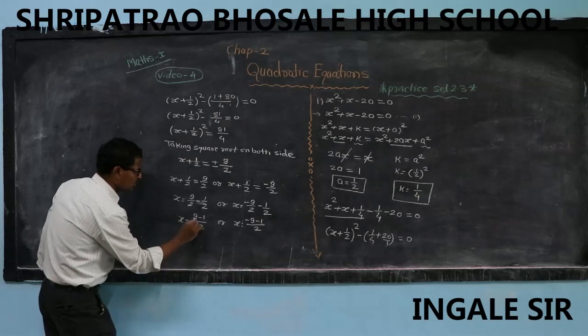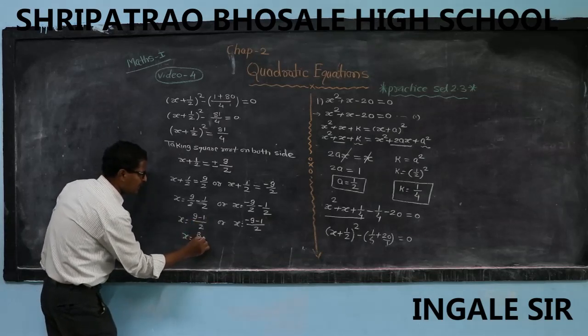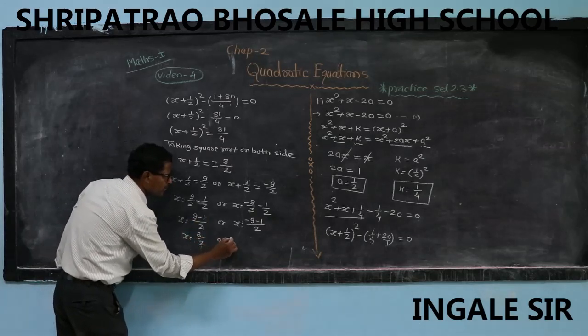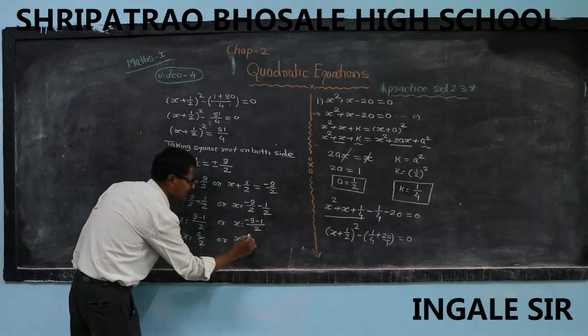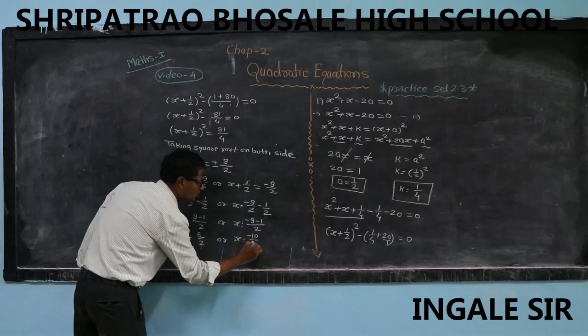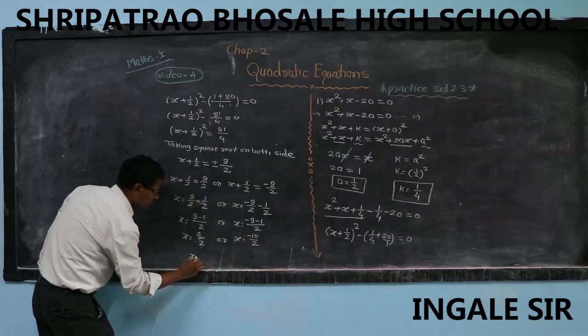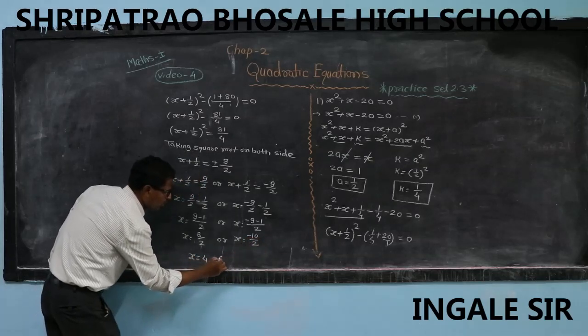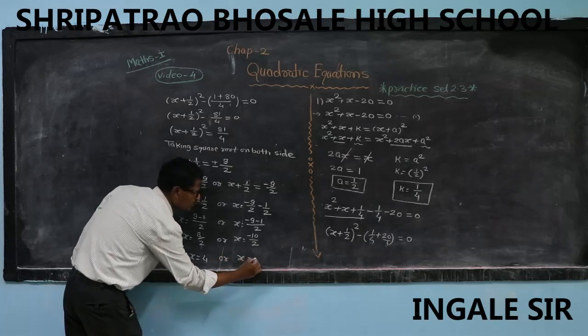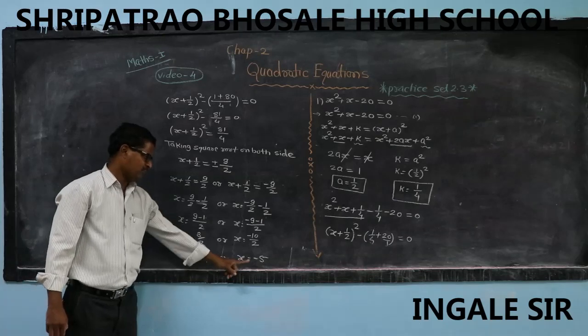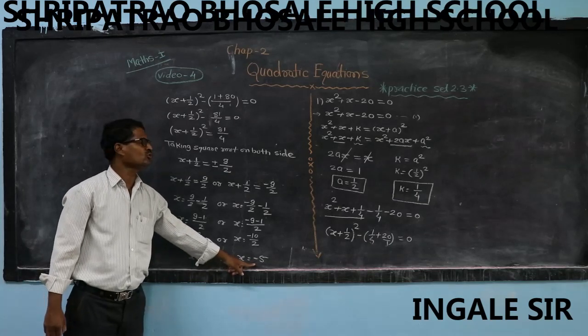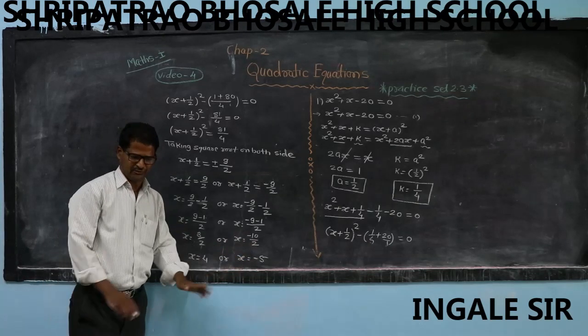X is equal to 9 minus 1, 8 by 2, or x is equal to, both are negative, take the sum and put the minus sign, minus 10 by 2. X is equal to 4, or x is equal to minus 5. So here 4 and minus 5 are the roots of the given quadratic equation.